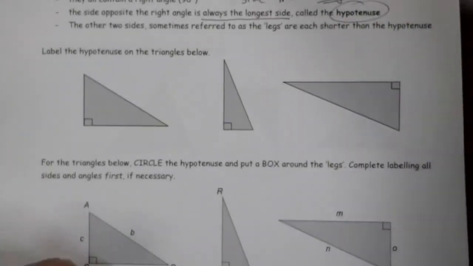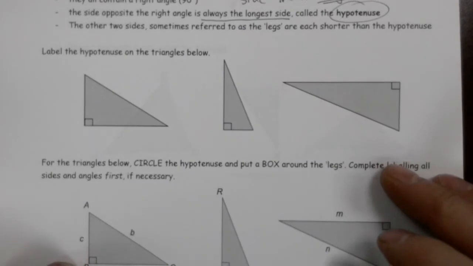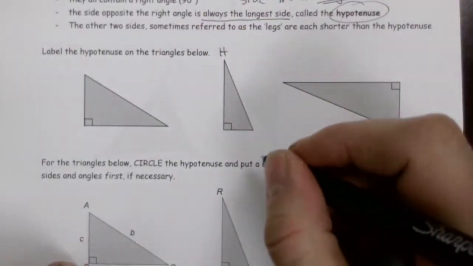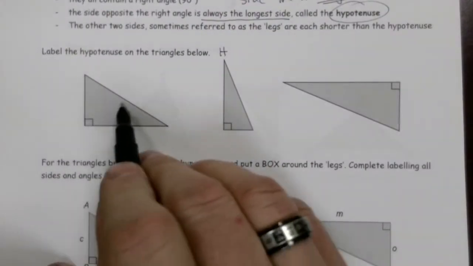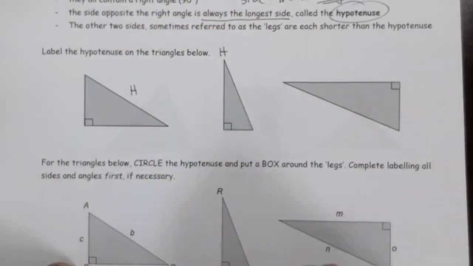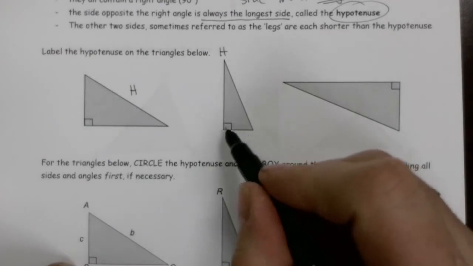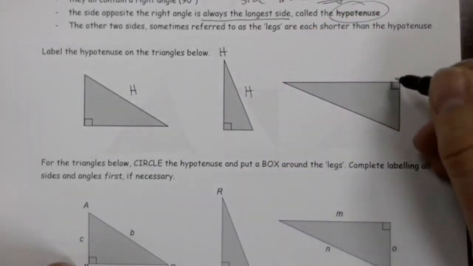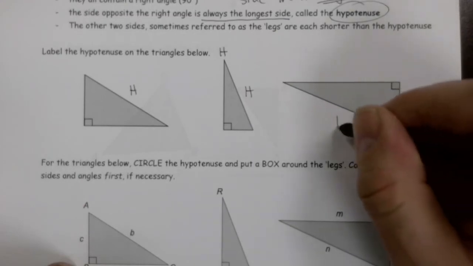So for each of these triangles here, let's label the hypotenuse. I tell you what, let's label it with an H. So here's my right angle. The side opposite it is the hypotenuse. Here's my right angle. The side opposite it is the hypotenuse. Here's my right angle. The side opposite it is the hypotenuse.